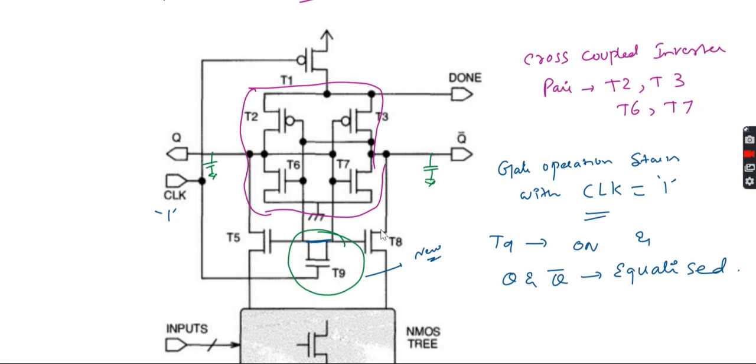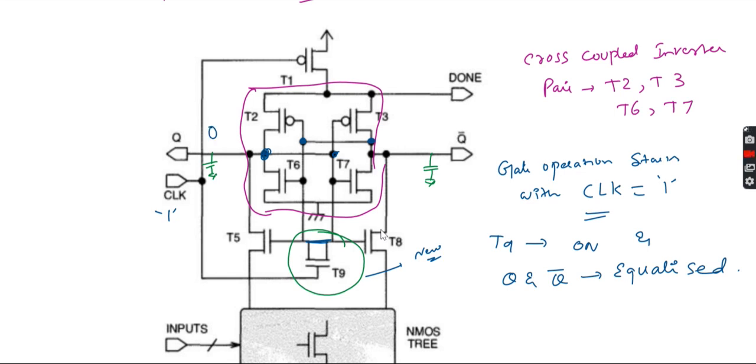Because when this is on, what will happen? This value we need to know. This value is the output of this inverter. Equalized means, what is the value here actually?